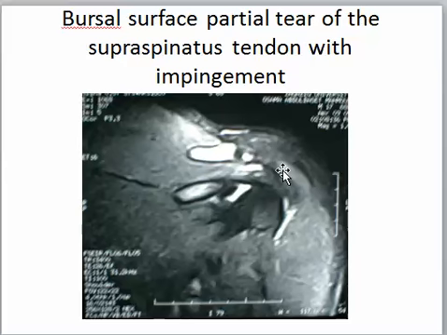So impingement results in tear, but usually partial and usually bursal, not to the articular, the joint side, but towards the subacromial or subdeltoid bursa side. That's why we said bursal surface partial tear. This is the tear. Here it is.